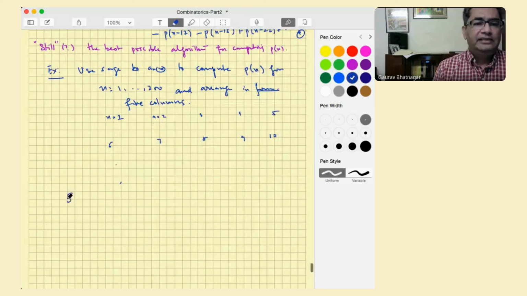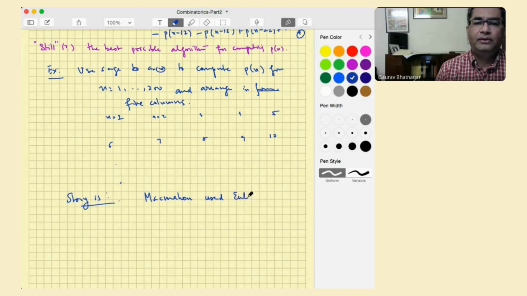And the story is McMahon used Euler's recurrence and computed a table as above.